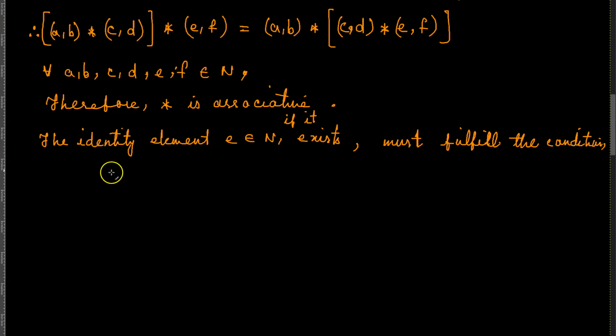The condition is basically A star E is equal to E star A, which is equal to A.